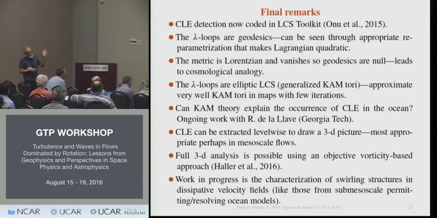Okay, a complete 3D picture can be obtained if you apply these technologies level-wise. This is most appropriate in mesoscale flows. Of course, you have to have a representation of the velocity field inside the vertical column. A full 3D analysis is possible now using an objective vorticity-based approach.